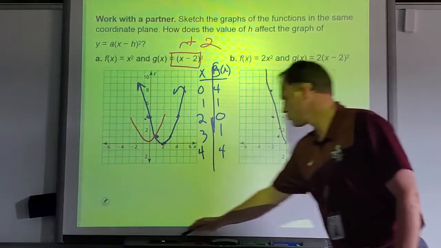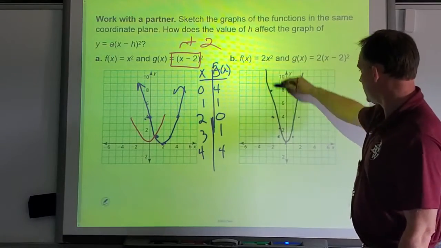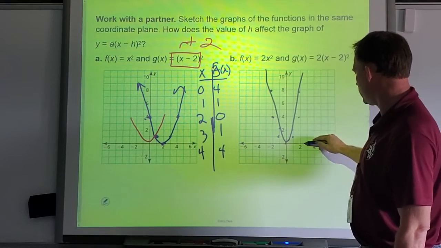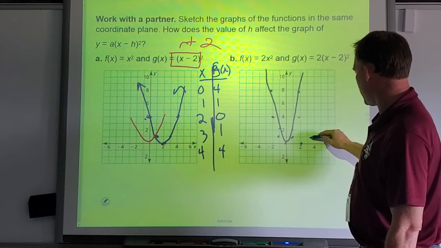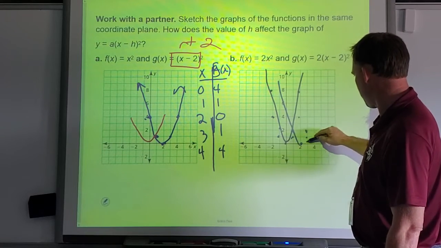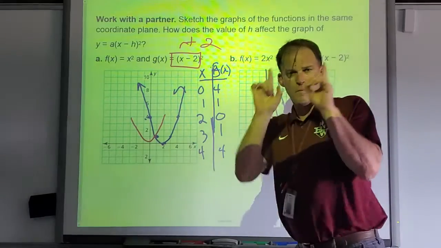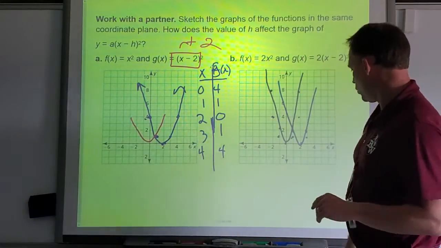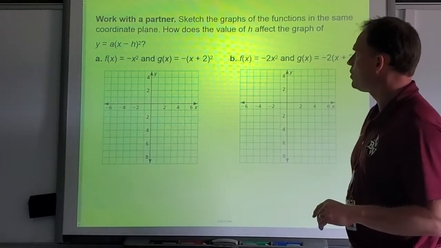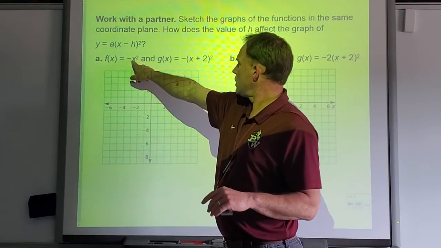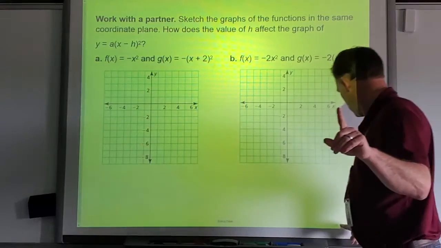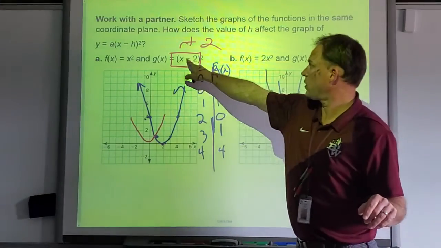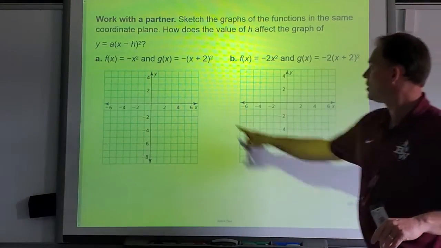Yeah. Shift this skinny fraction right 2. So we're back to the applications by learning what those manipulations do. This one takes it right 2. All right. So if this is going right 2, what's this doing?